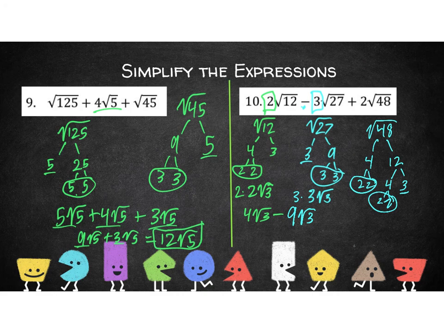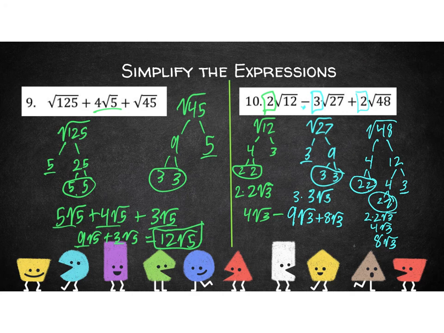So we're going to have 2 times 2, because these two pairs right here, times 2, square root of 3. It's going to give us 4 square root of 3, but we cannot forget about this outside term. 4 times 2 is going to be 8 square root 3. And we'll just add that to this equation right here.